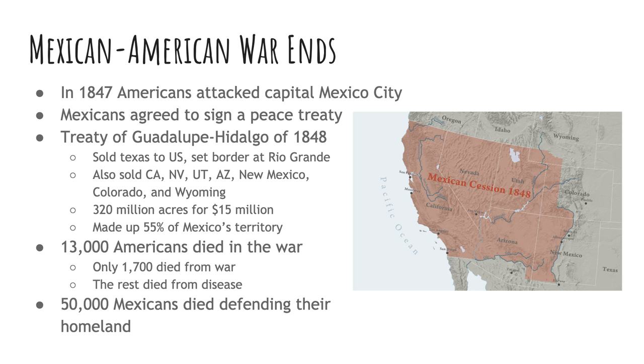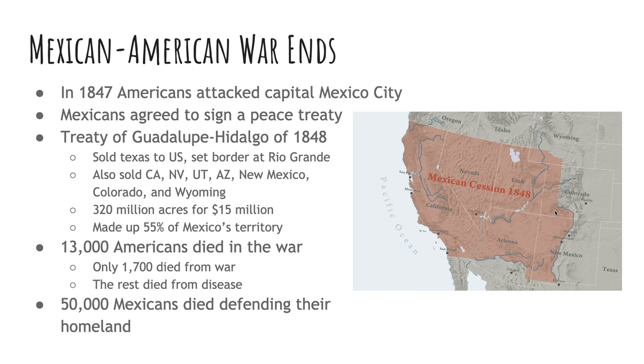Some consequences from the war, some unfortunate events that happened, was that 13,000 Americans died in the war. But only 1,700 died from actually fighting in the war. The rest died from diseases. Remember that this land was pretty undiscovered. It was new.